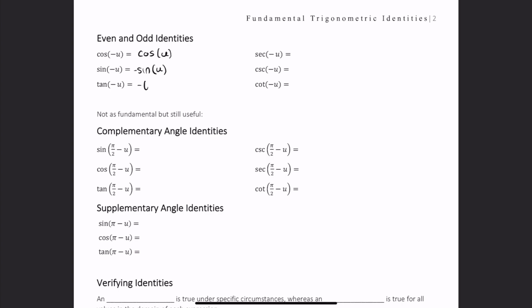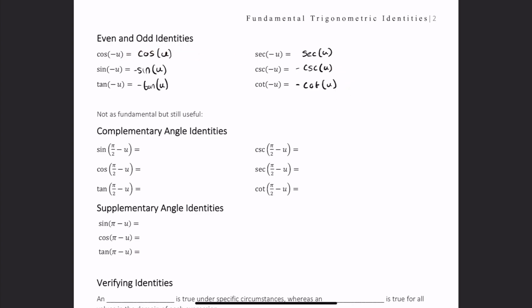And then tangent will be the same as sine. Now the reciprocals are the same: cosine, as you can see, is positive, so secant's also going to be positive when its angle is negative. And then the same thing with cosecant and cotangent.